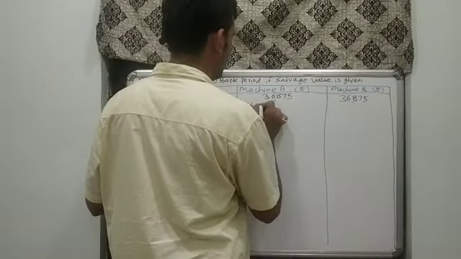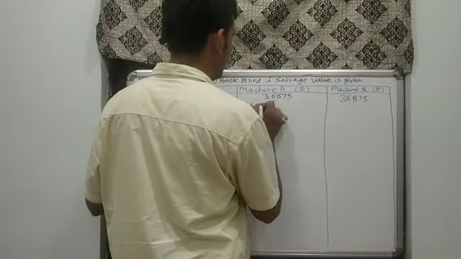Therefore, ARR formula would be annual average net income into 100 divided by average investment. That is 7375 into 100 divided by 26,563.